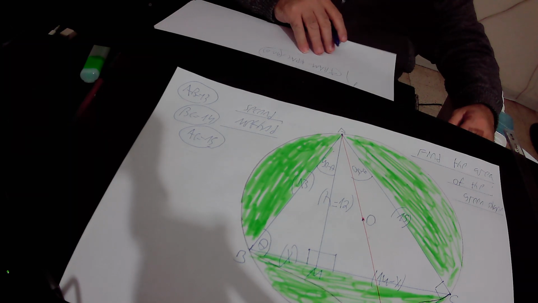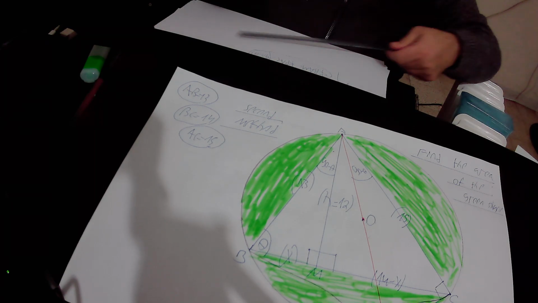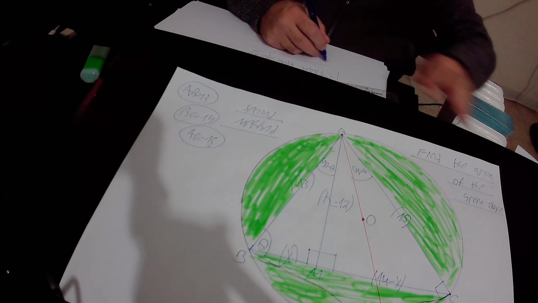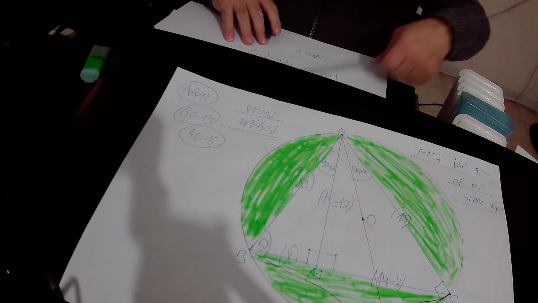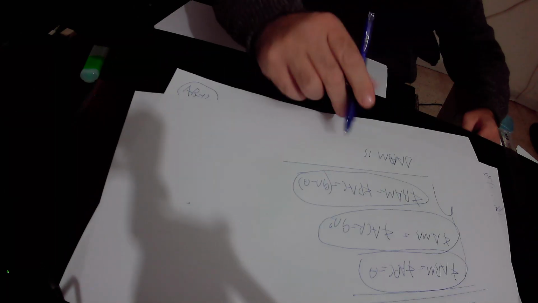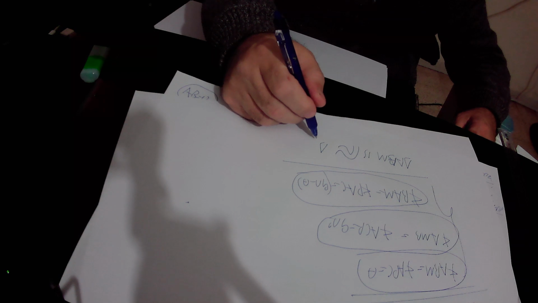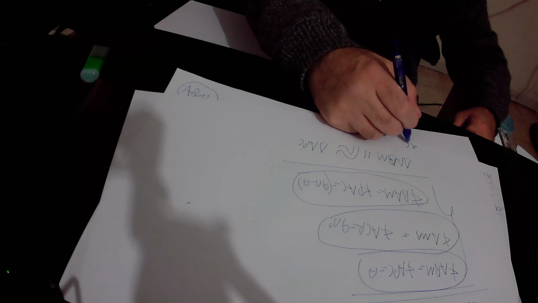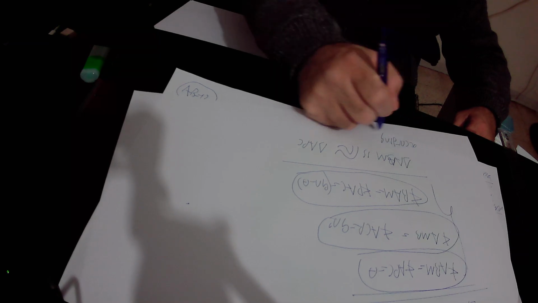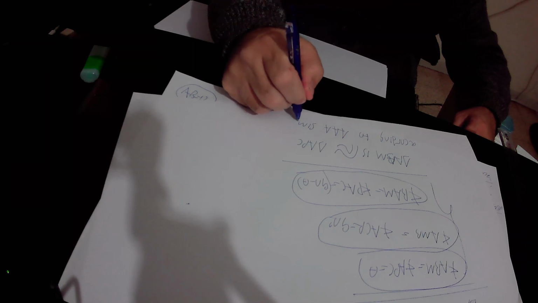Therefore we actually proved that this triangle ABM is similar, this is the sign of similar, to triangle APC according to the angle similarity rule.